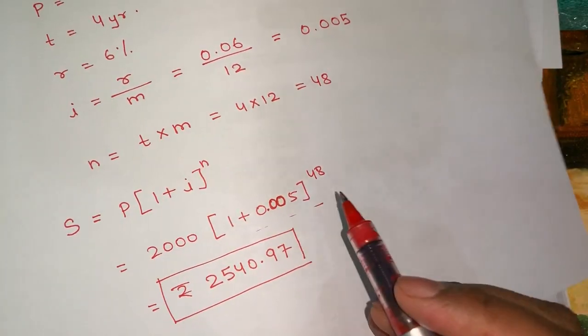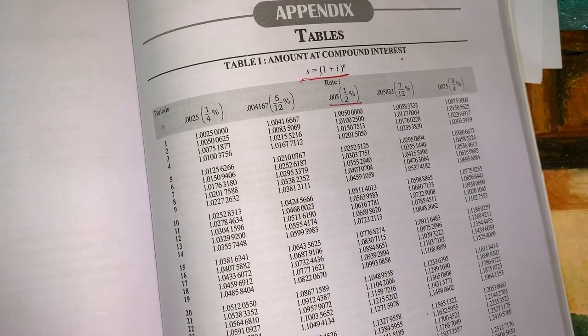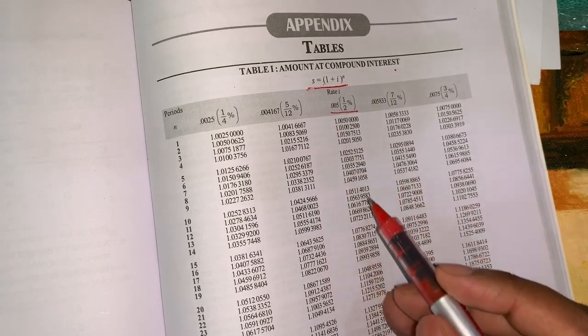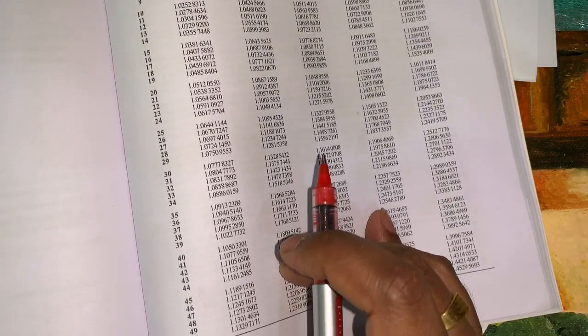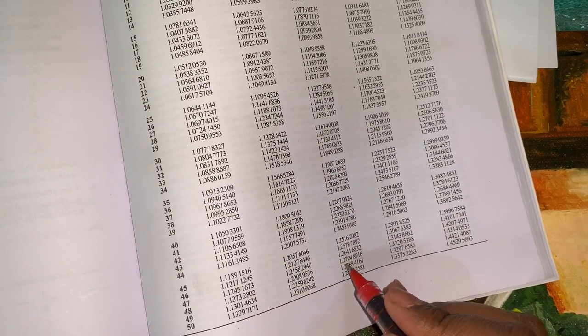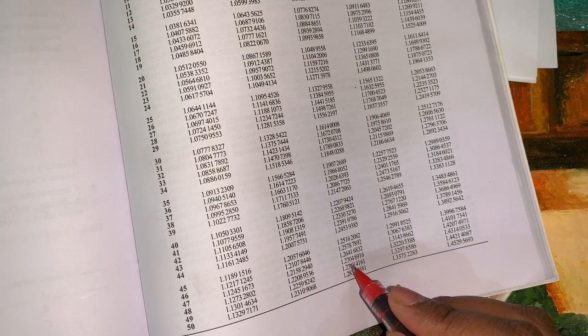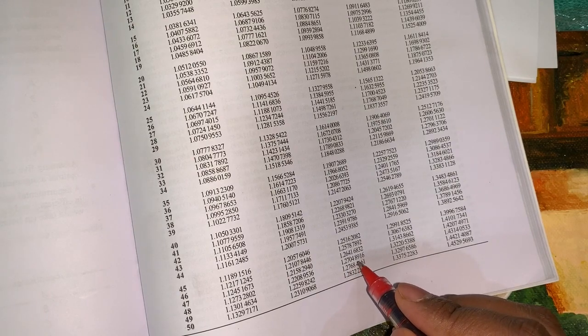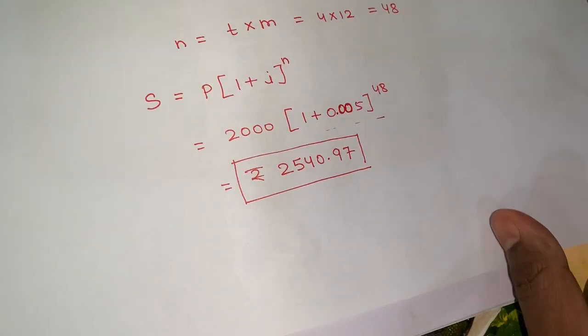My n here is 48. So in 0.005 we will go for 48. Let's go down, and over here you will get a value which is 1.2704. Let's take only 4 digits after the decimal.